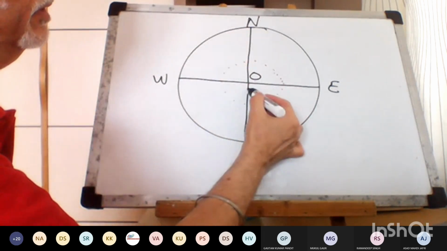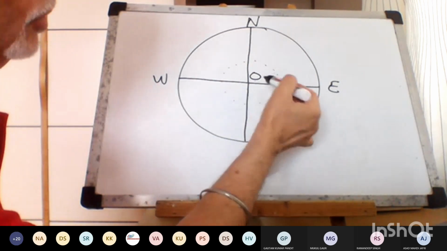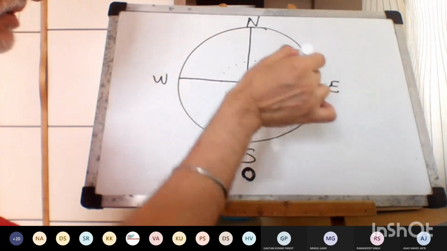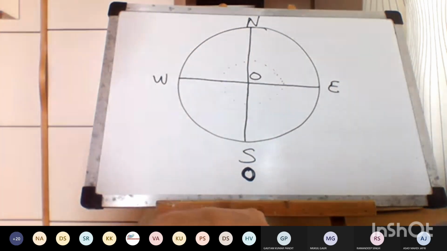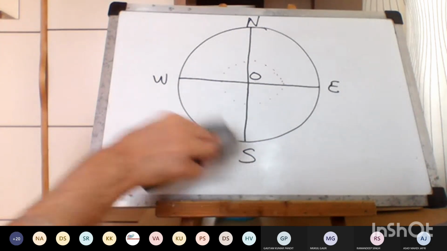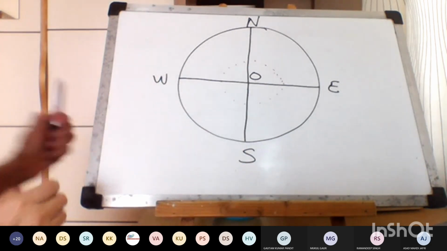Let us say the observer is here. So wherever the observer is, there will be a north and there will be a south. There is no doubt about that one. And the body will rise in the east, and the body will set in the west.